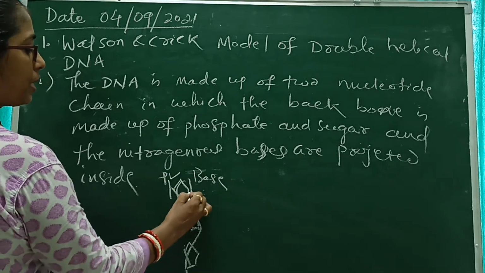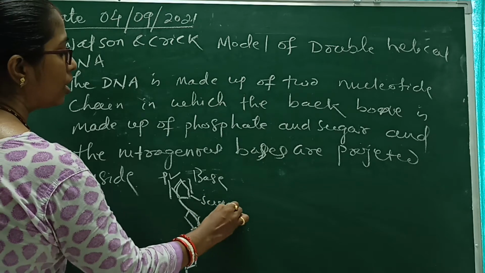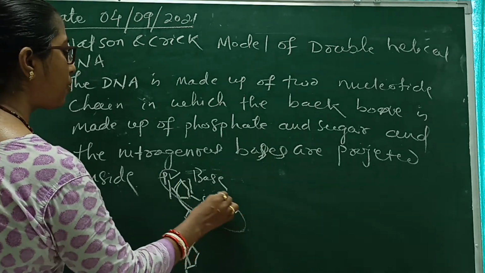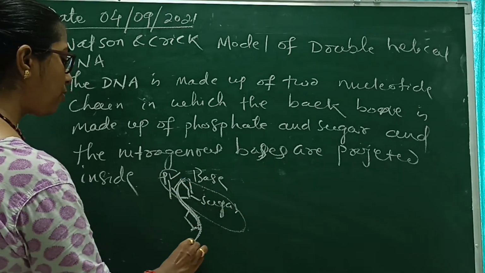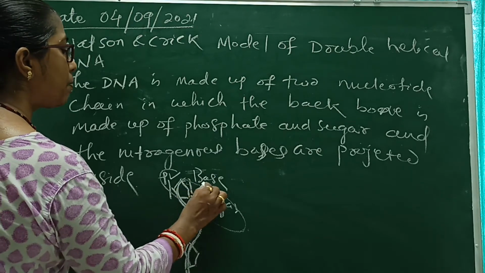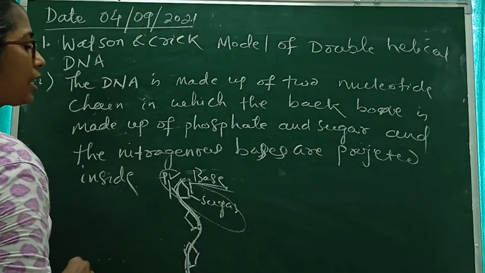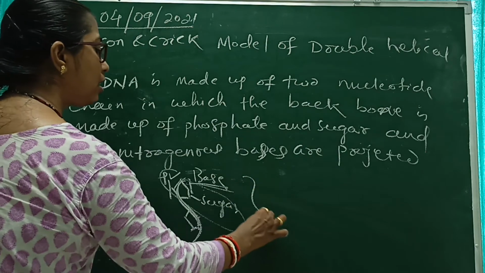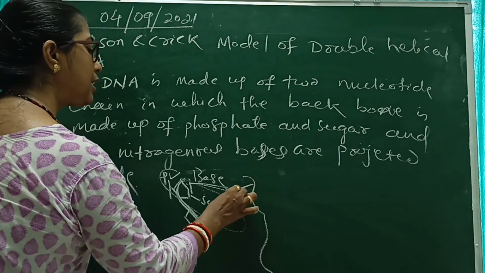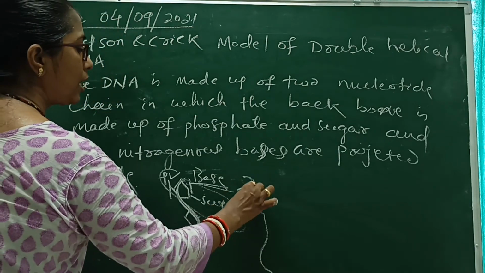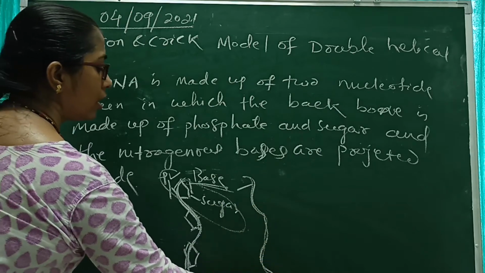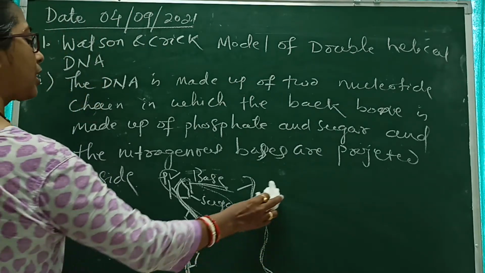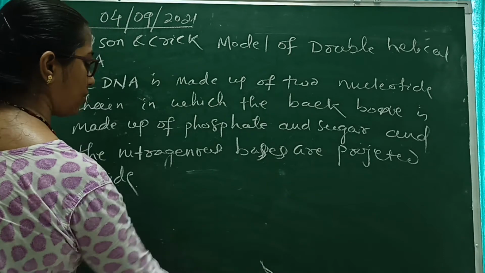So this is phosphate and this is sugar. So the sugar and phosphate form the backbone of the DNA strand, whereas the base is projected inward. Similarly, in the other strand, the base is facing this way, and the sugar and phosphate form the backbone. Okay. Now next point.